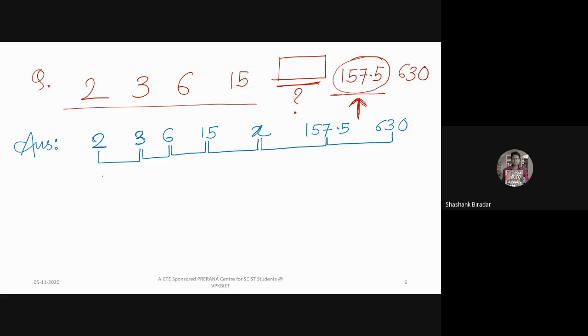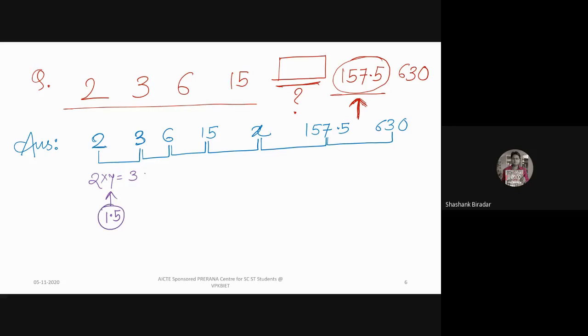See, there's a relationship between this 2 and 3. We will find out the multiplication factor. So 2 multiplied by y equals 3. What is the value of y? It should be 1.5. Am I right?